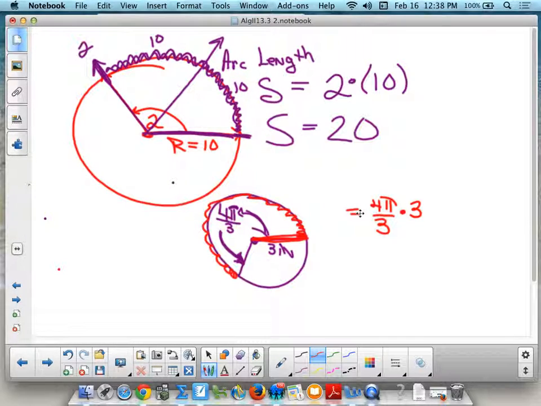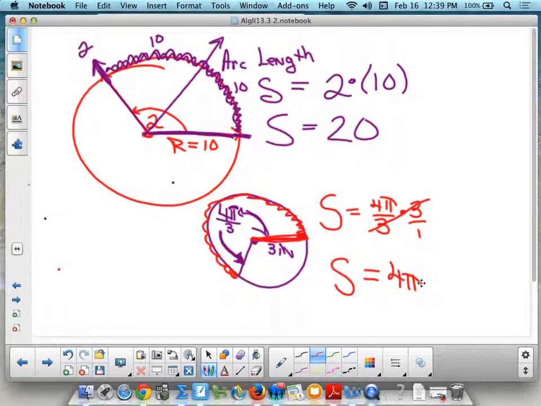I think this is the first example. So the arc length will be, help me out guys, what would you do to multiply those 2 fractions? Not cross multiply, because this is a fraction times a fraction. You're thinking equation. Wouldn't you just cancel those 3's out? Yeah. What's the answer? 4 pi.